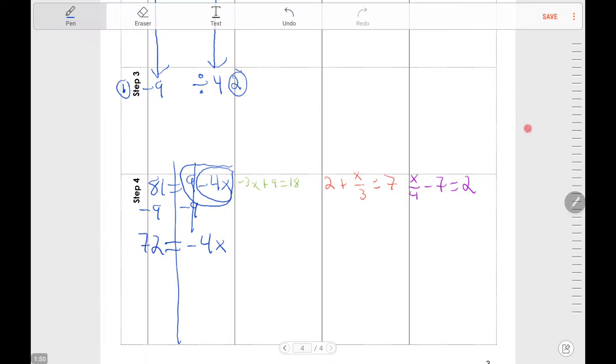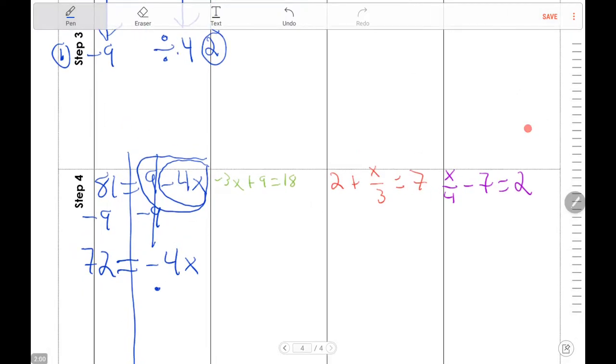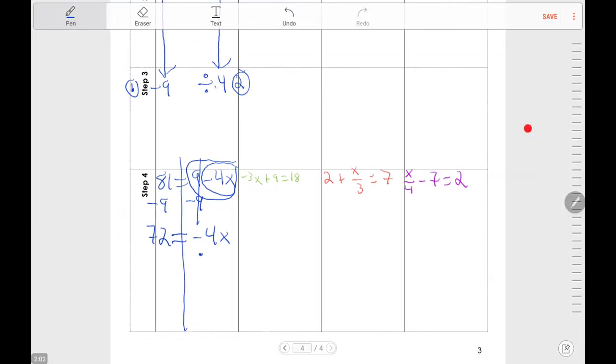Awesome. But how do we get rid of the -4? Well, let's check back to our inverse operation, it was divide by -4. Oops, that's -4 up there. So we're going to divide by -4, divide by -4, and what is 72 divided by -4?